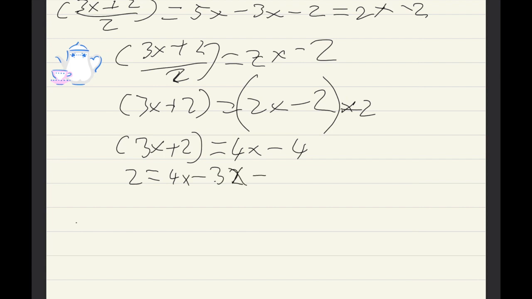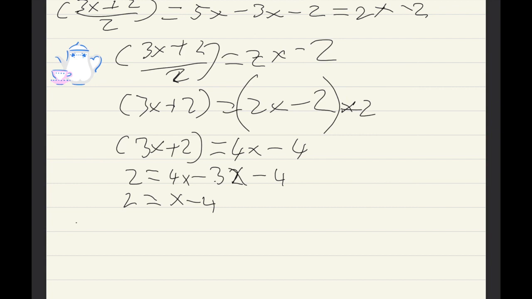Oops. Then minus 4. Just 2 equals, so 4x minus 3x equals x, so x minus 4. And now we can move the minus 4 over to the 2 place.